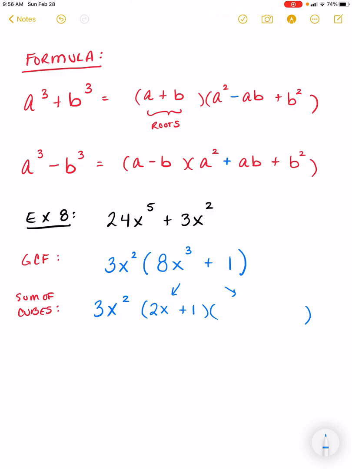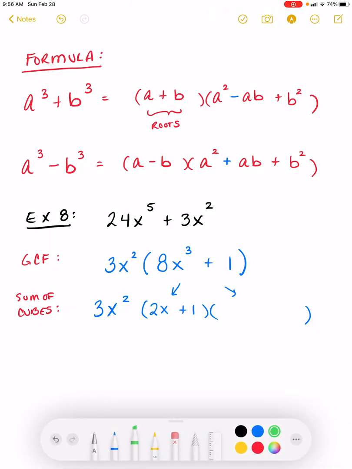All right, so now we square the first term. Now be careful, when you square the first one, you have to square the 2 and the x, okay? And then we take our two roots and we multiply them in the middle. And then we take our last root and we square it and we get 1.